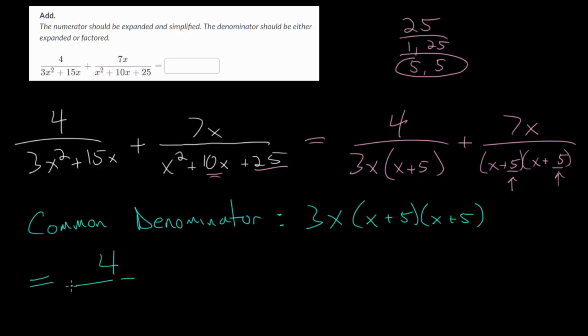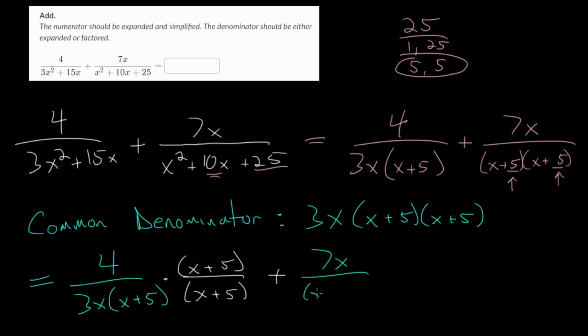So for the first one, you have 4 over 3x times x plus 5. And we'll multiply the top and bottom by x plus 5 so that we can get that desired common denominator. And then for that second one, we're going to have 7x over x plus 5 times x plus 5. And here we multiply top and bottom by 3x.